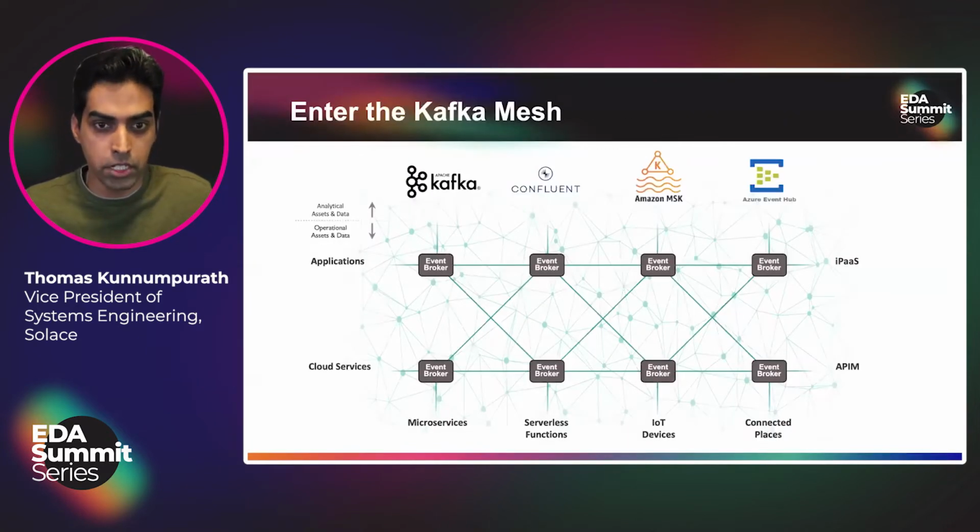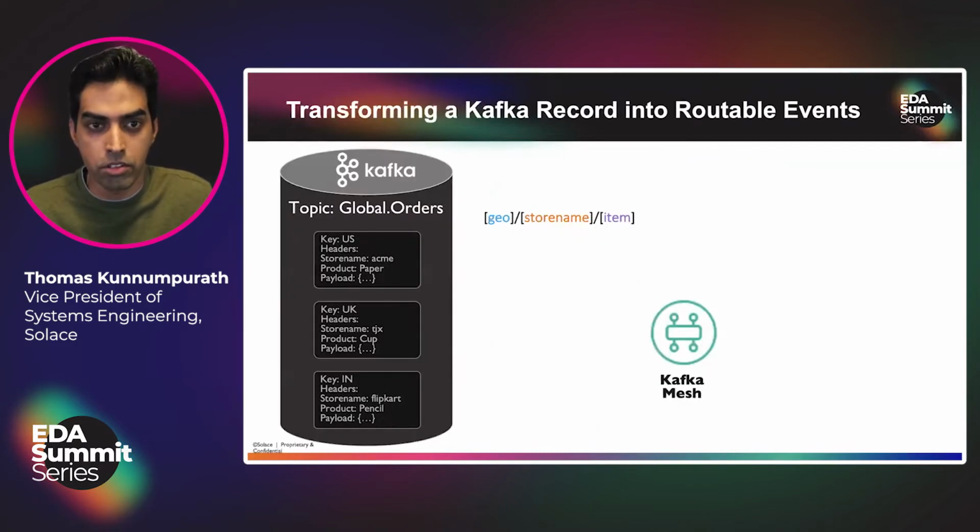That's where, as Sumeet described, the Kafka mesh comes into play. So you could think of Kafka mesh as a uniform set of infrastructure and architecture that allow you to essentially overcome some of the challenges that you have with operationalizing Kafka clusters, making them IoT enabled, and also cross-communicating between different flavors of Kafka.